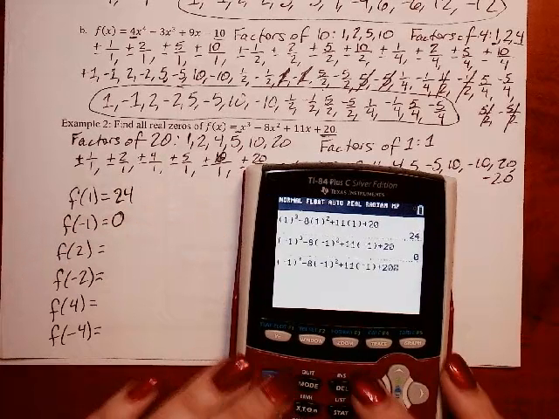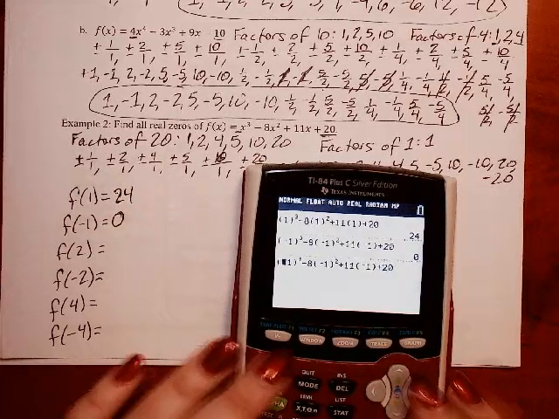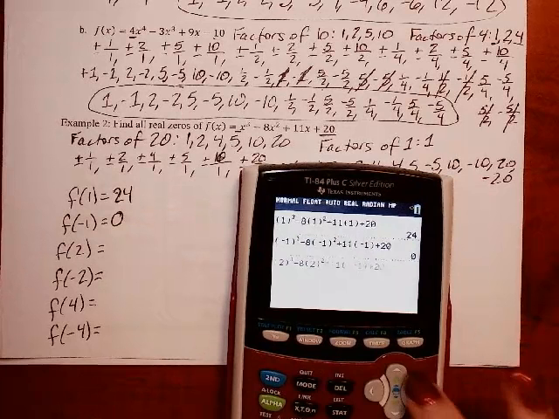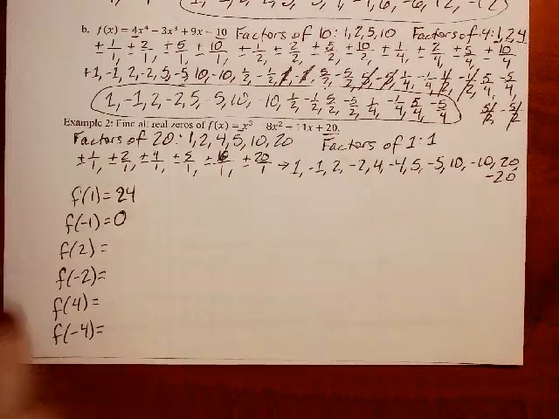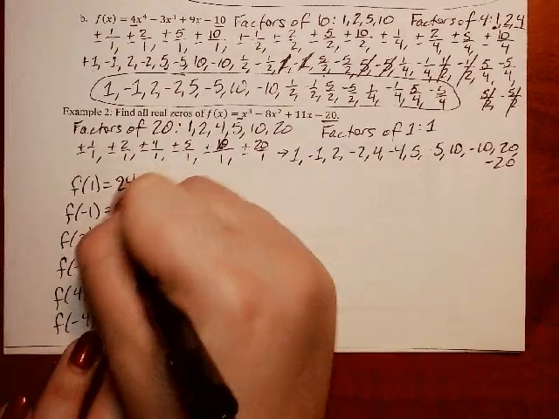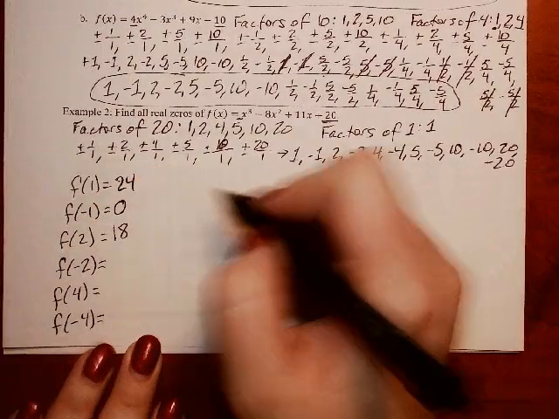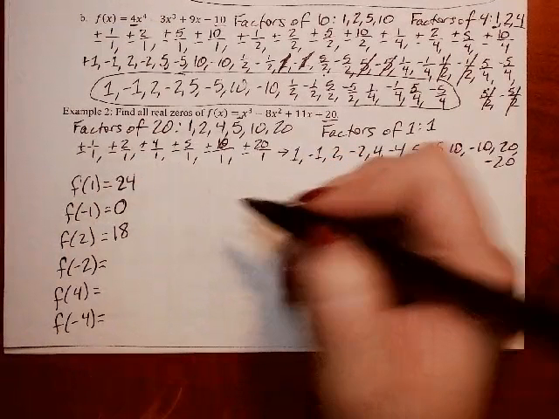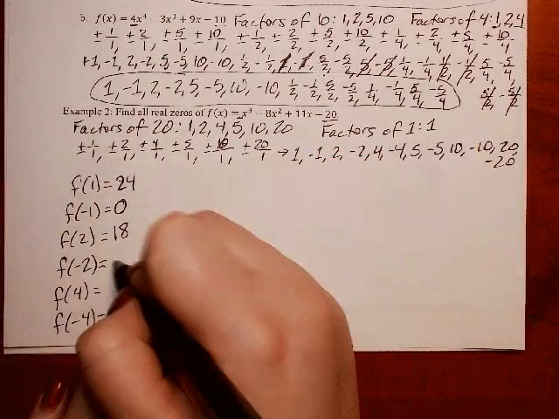And then I keep going. 18. So as we keep going here, we get negative 42.